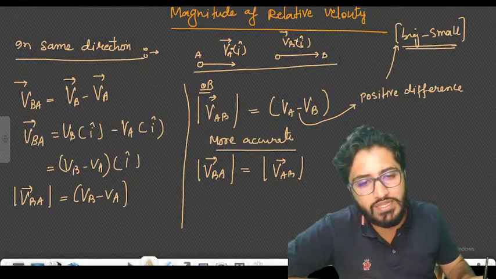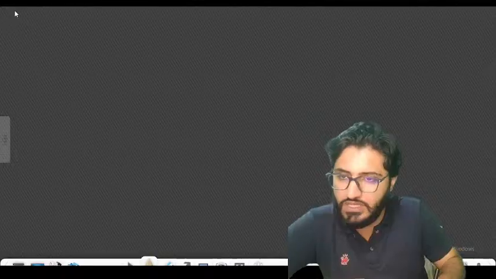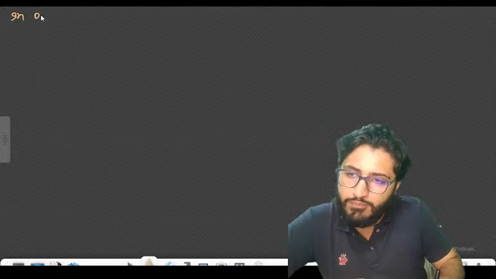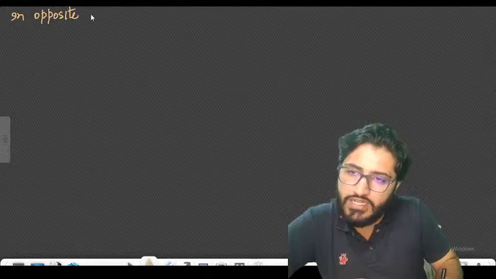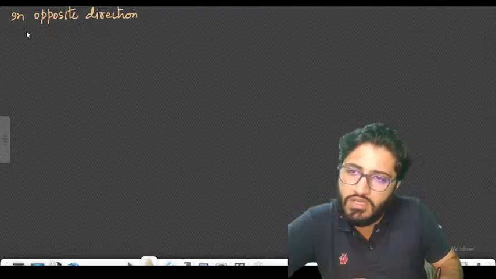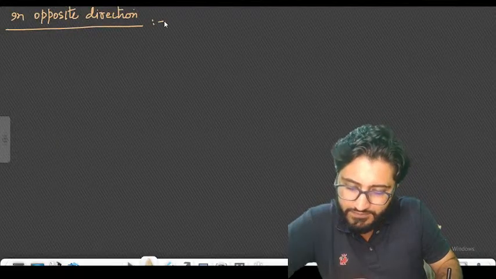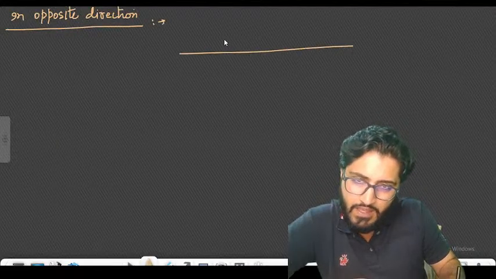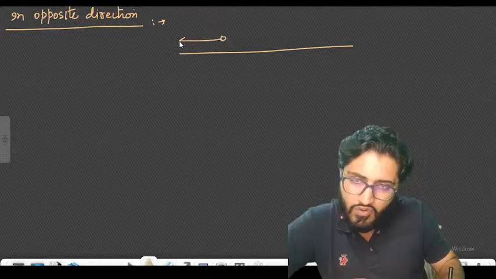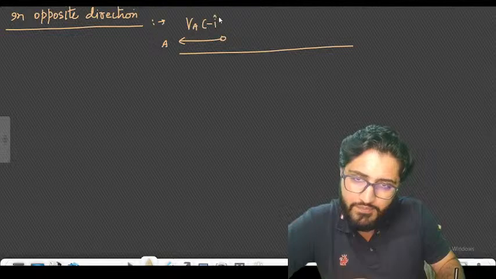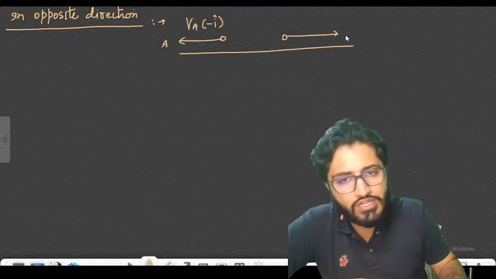Now if we are doing it in the opposite direction, body A is going in this direction, so I can write VA in minus I cap. Body B is going this way, so I can write VB in positive I cap.